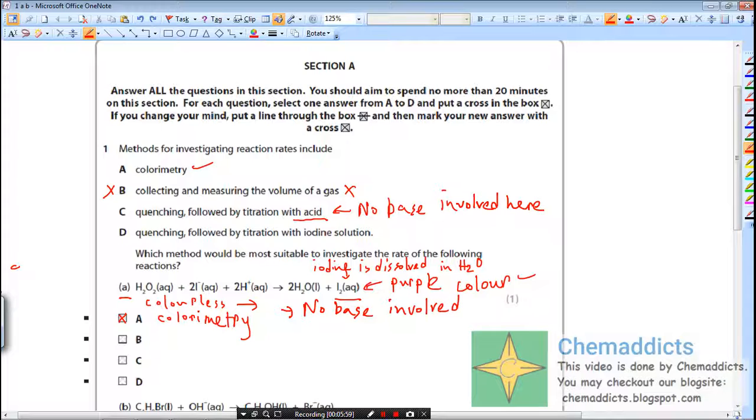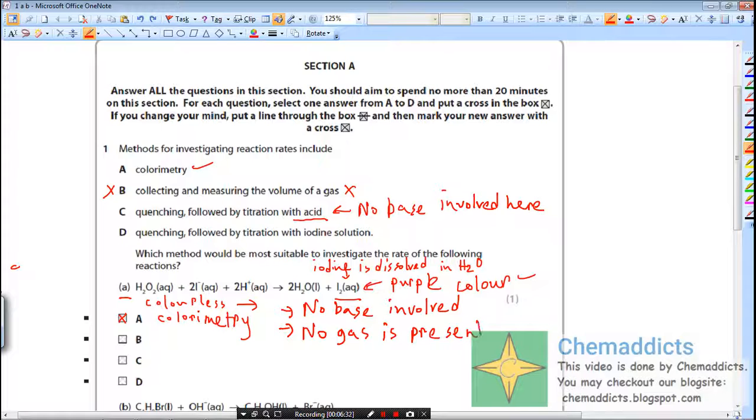Another point is that no gas is present as reactant or product. The reactant doesn't have any gaseous substance, and on the product side there is no gaseous substance. So that's why it would be worthless for collecting and measuring the volume of the gas.